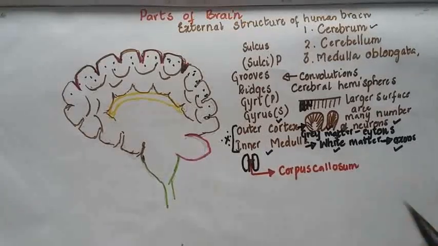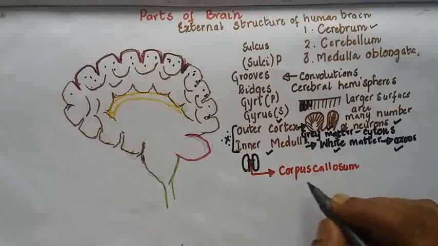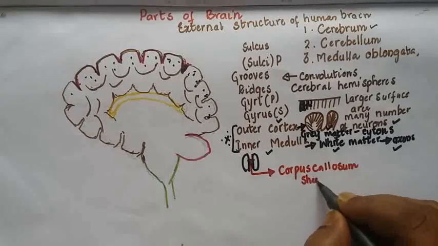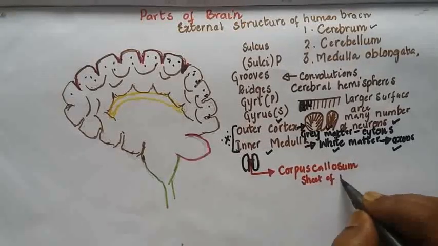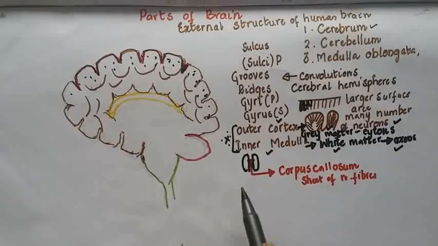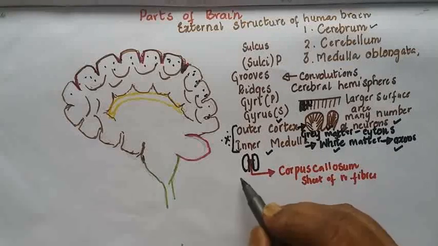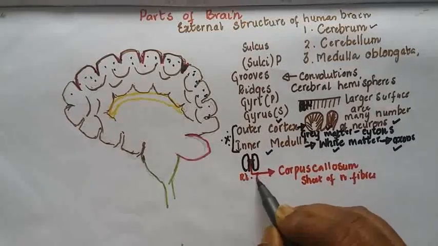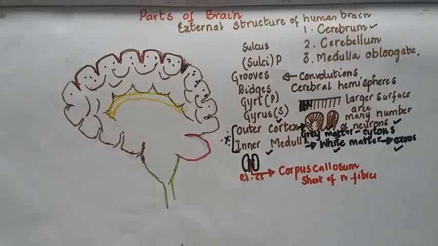So what is the location of the corpus callosum? It is a sheet of nerve fibers which connects the right cerebrum to the left cerebrum, or vice versa.